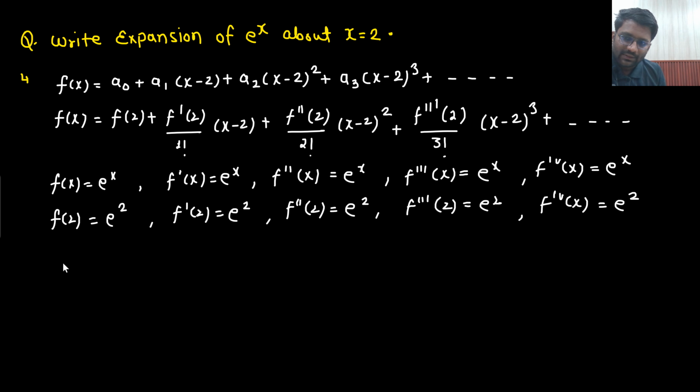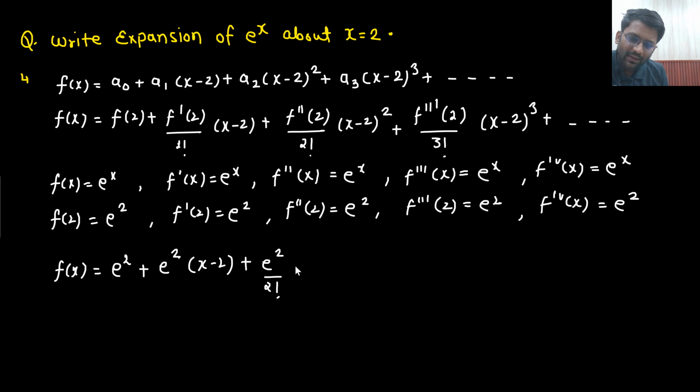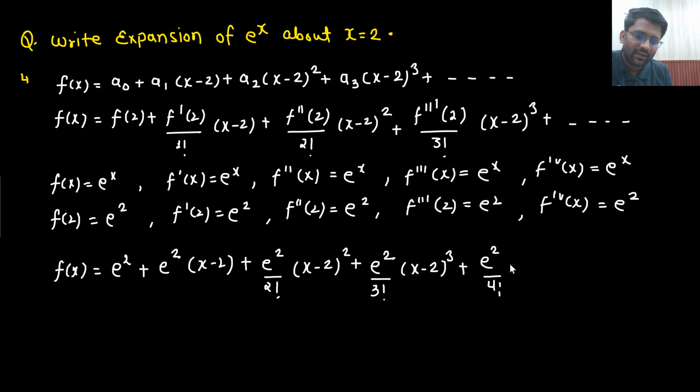So what will be your f(x)? f(x) is coming out to be e to the power 2 plus e to the power 2 divided by 1 factorial multiplied by (x minus 2), plus e to the power 2 divided by 2 factorial multiplied by (x minus 2) whole square, plus e to the power 2 divided by 3 factorial times (x minus 2) to the power 3, then e to the power 2 again, every time e to the power 2 will come, divided by 4 factorial times (x minus 2) to the power 4 and so on.